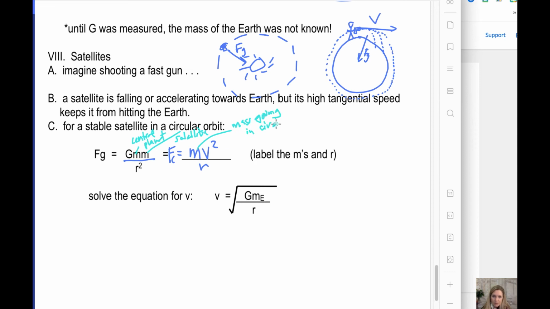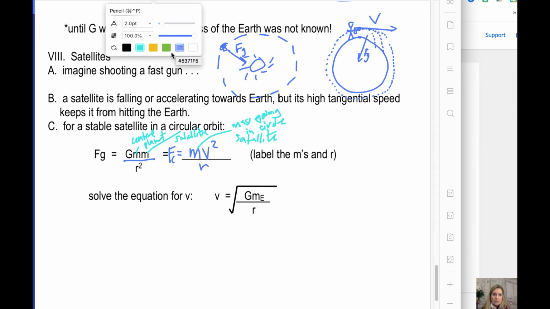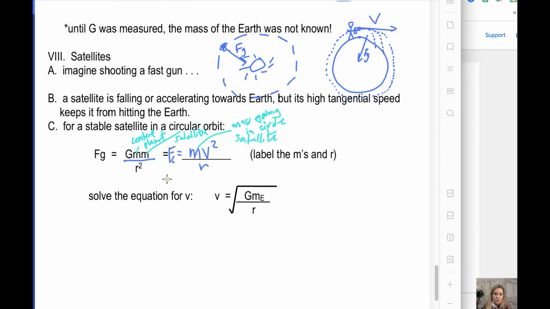Satellite? Yes, so this is the satellite mass. It's really important to know what's what. So once again, what are we going to do? Our favorite thing, cancel out masses. The mass that goes away is the satellite mass.